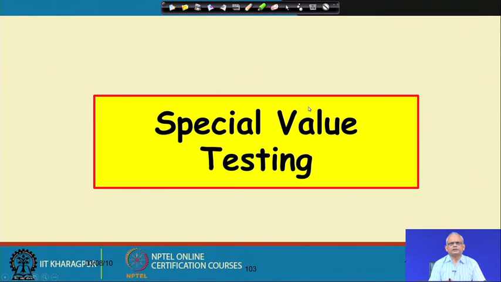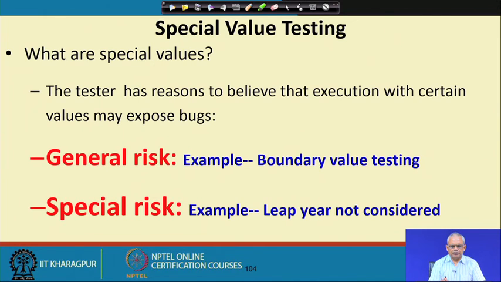Now, let us start discussing another type of black box testing called special value testing. In the equivalence class testing, we divided the input data domain into equivalence classes such that every point belonging to one equivalence class resulted in similar behavior.